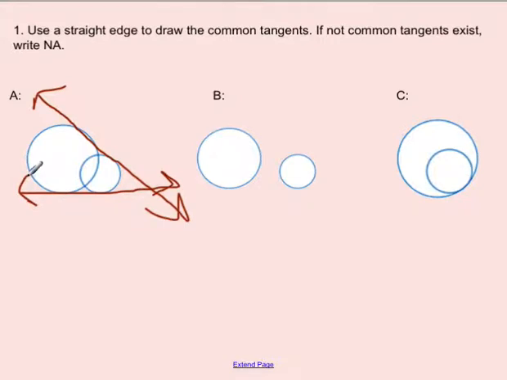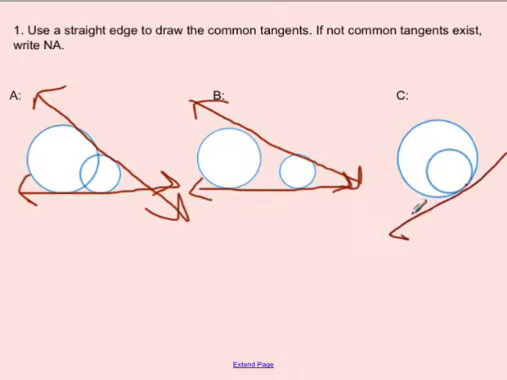For this one, it's hard to find a tangent point. You could go like this, and it's tangent to both, and like that. For the next one, it's kind of confusing, but they both cross at this point right here. So I can draw a line that's tangent to that point right there. Now hopefully you used a straight edge, so your tangents are a lot prettier than mine are.